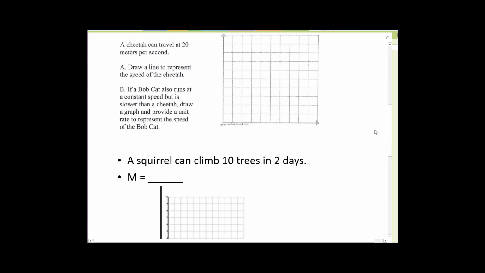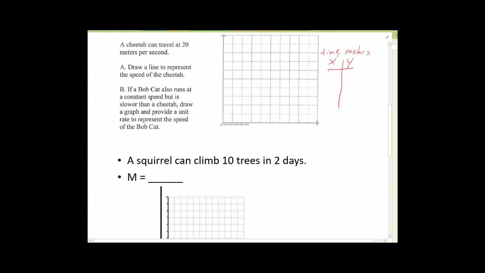A cheetah can travel at 20 meters per second. Draw a line to represent the speed of the cheetah. Okay, well, we need to find out what's what here. So he's going 20 meters per second. So again, our x and y, let's do time for x, because that's usually where it's going to be, and then y is how far he goes, 20 meters.